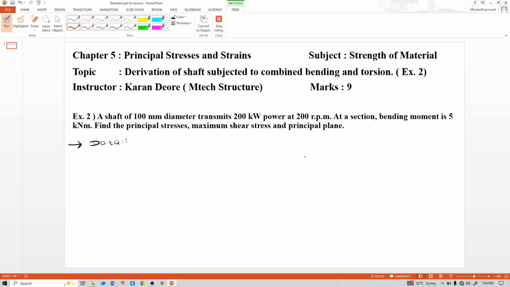So the given data is: diameter of that shaft is 100 mm, power is 200 kilowatt, that means 200 into 10 raised to 3 watt. Bending moment is 5 kilonewton meter.